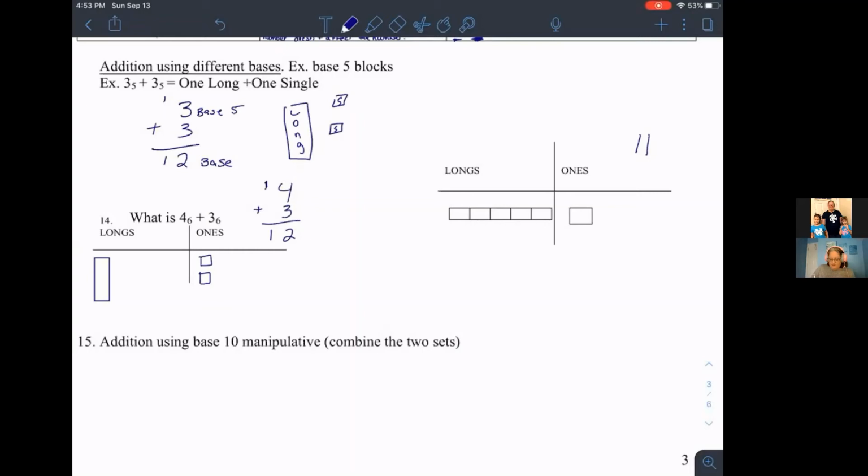It would give you a remainder of 2. Then that 1 would come down. So you have 12 base 6. That is shown by the long one and then the short ones. So you have 1 long and 2 short. One long is the tens place, and then the ones place.